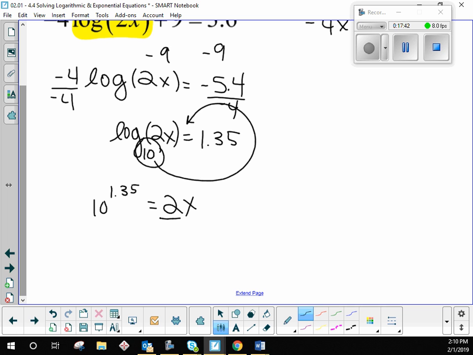Divide by 2. So x equals 10 to the 1.35 divided by 2. Okay? Oh, good question. No, it's not 5. You cannot do 10 divided by 2 here because that 10 has the exponent, all right? It's not by itself. Yes?